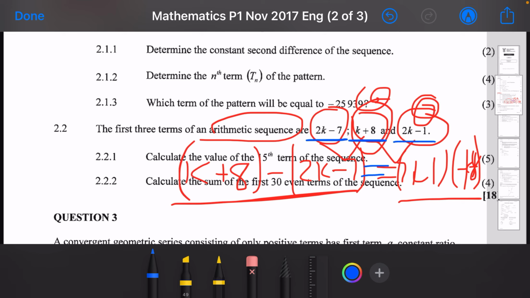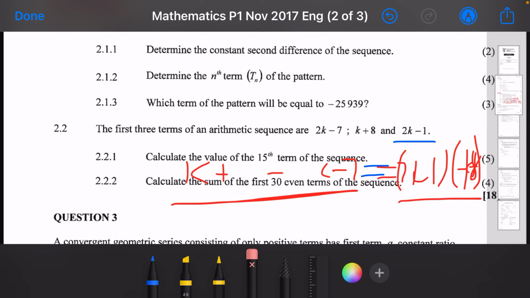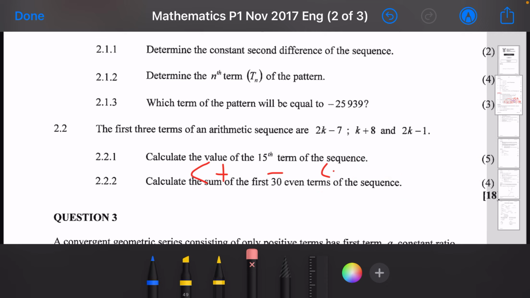Why? Because with an arithmetic sequence you've got the first common difference. Let me re-explain it so that it makes perfect sense. Let's say you had 4, x, and 6, just as an example.